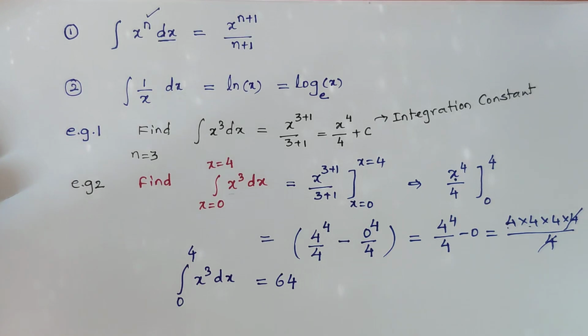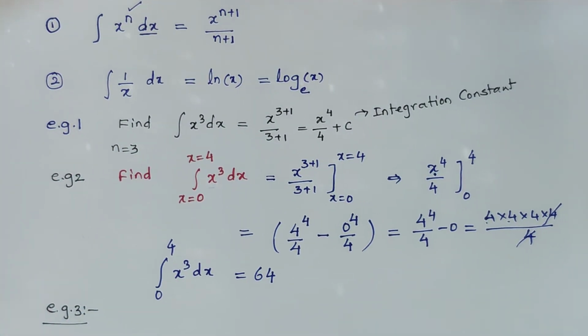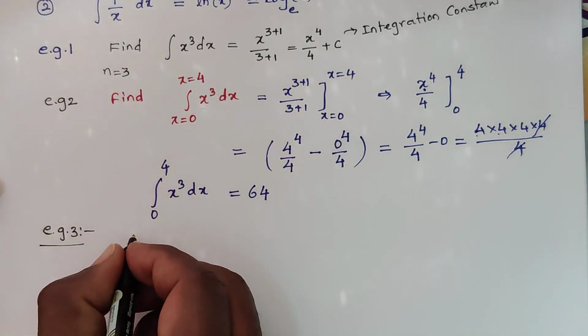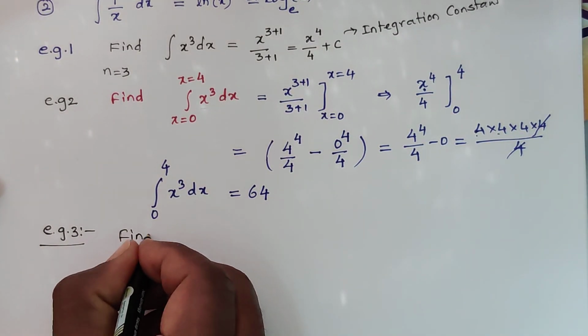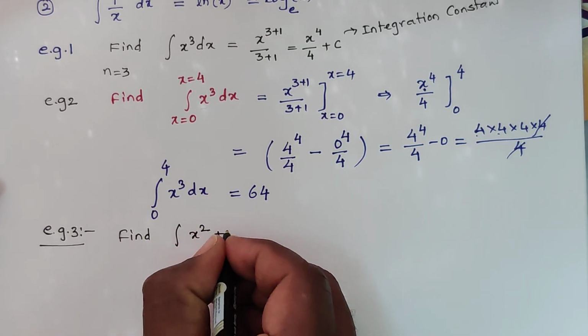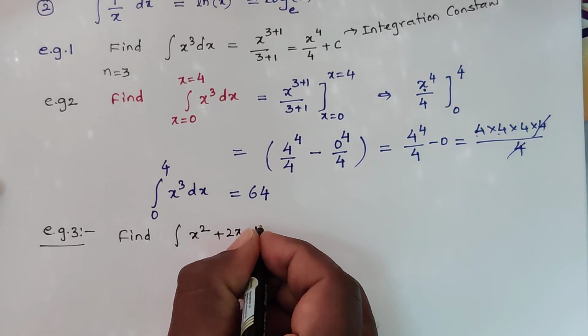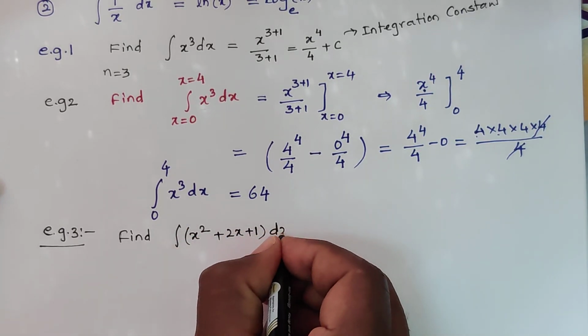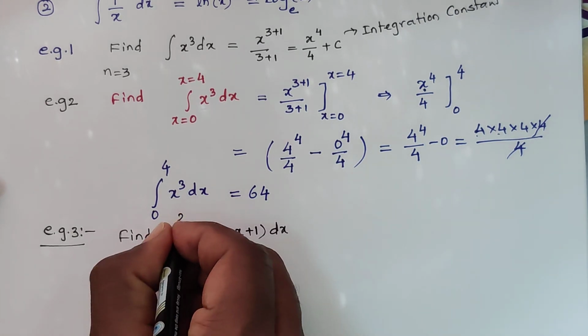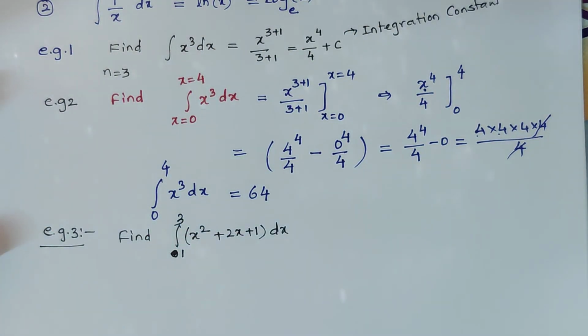Next, another one is example number 3. Find integration of x square plus 2x plus 1 dx, where limits are from 1 to 3.